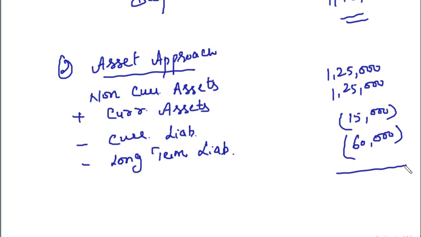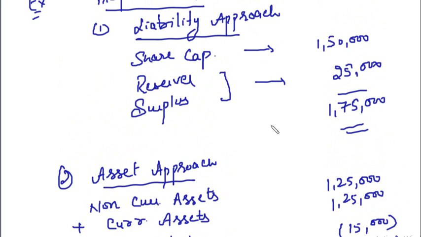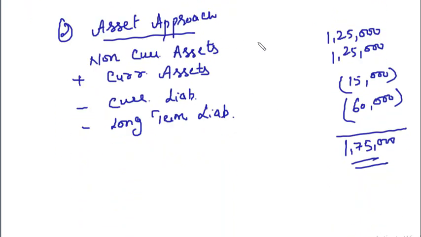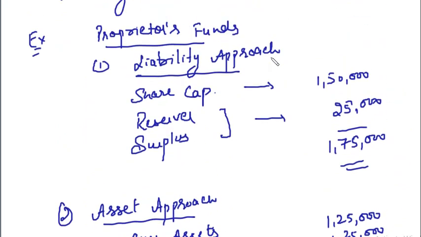Right? So out of 2,50,000, what we are going to subtract is 75,000. What we are going to get is 1,75,000. Clear? So see, in both the cases, whether we go by the liability approach or the asset approach, the proprietors' funds will come to be the same.